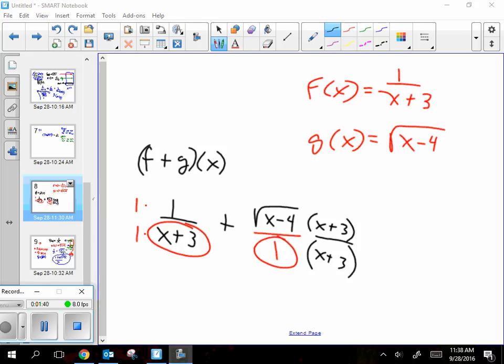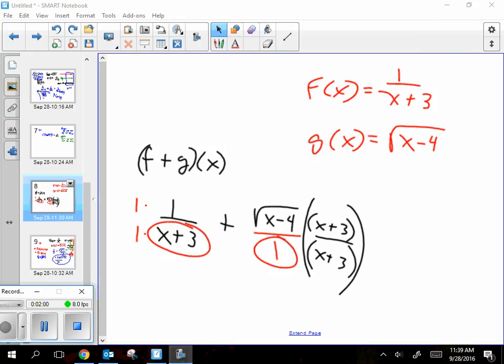Now, some people have asked me before, why don't you just multiply both sides of this equation by x plus 3? It's not an equation. You can't do that. You've got to multiply by x plus 3 on the top and the bottom. Because that's like multiplying by 1, right? We haven't really changed our problem. We just changed how it looks, so it's got a different denominator.